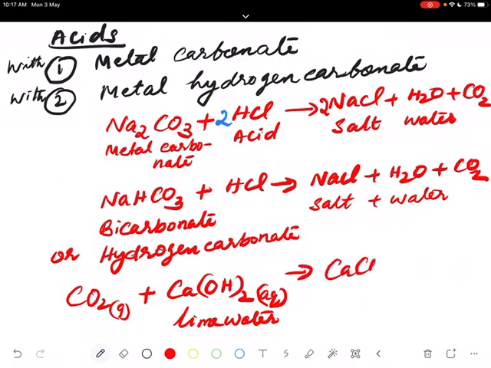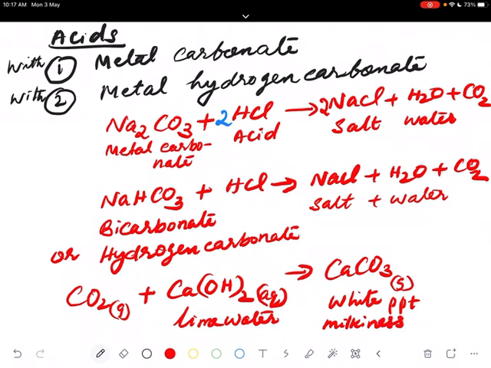Calcium carbonate is formed, calcium carbonate solid, that is chalk. This calcium carbonate comes as a white precipitate. That's why that milkiness appears.